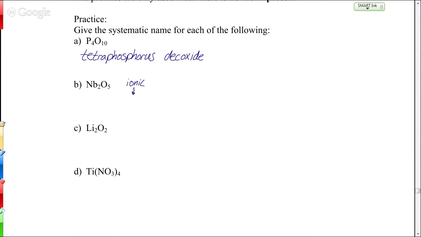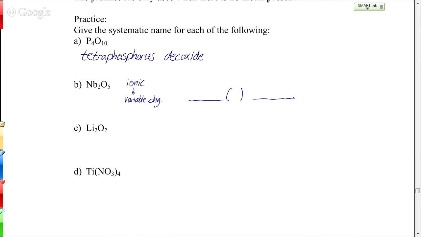Well, first we decided it was ionic, and then we decided that it had variable charge. So what kind of naming is that going to be then? And what category? Yeah, what we call type 2, where we have the metal name, parentheses, and then the nonmetal name.